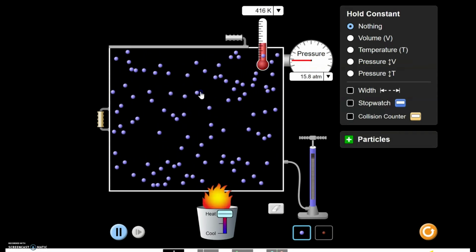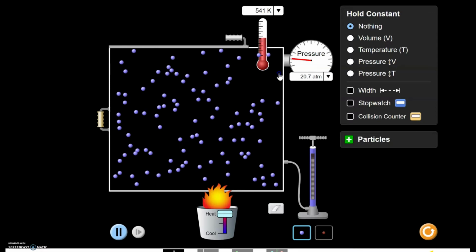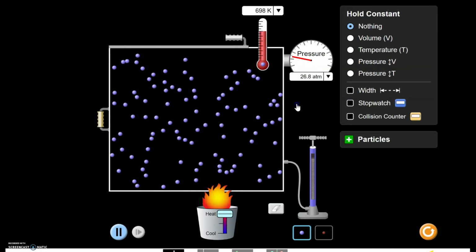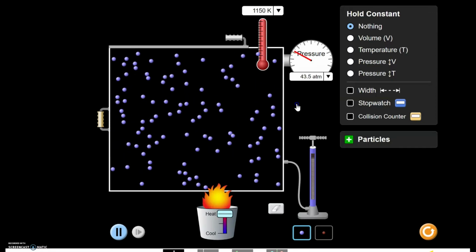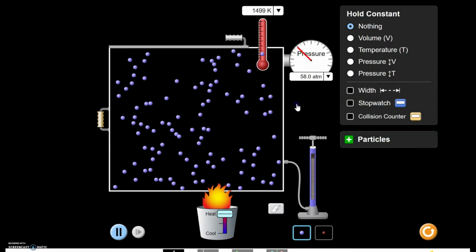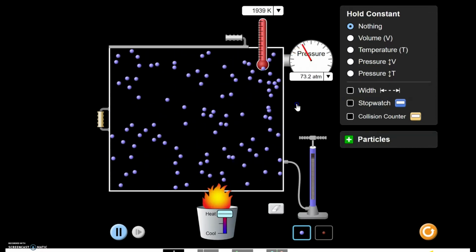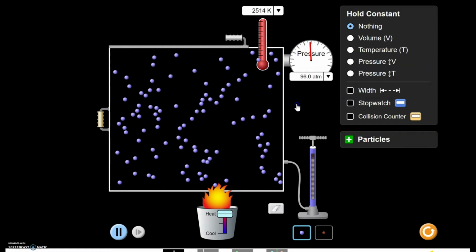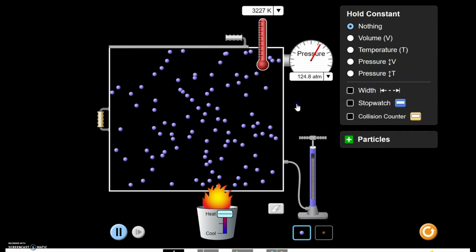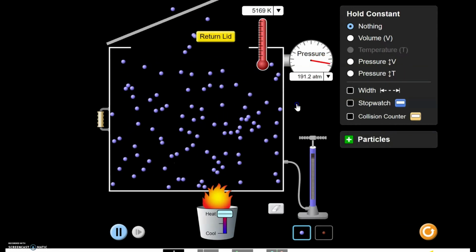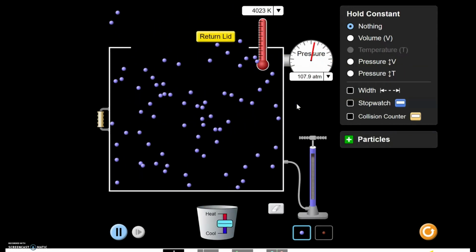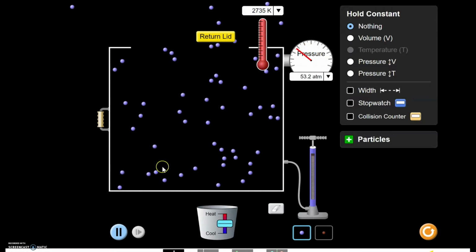And not only do we see these molecules moving faster, but look what's happening to our pressure gauge. As our temperature climbs, our pressure increases, and we're going to hold our foot to the gas here and see what happens, because as our temperature increases, notice that our pressure gauge is also heading for the red line until, boom, the lid blows off our vessel.